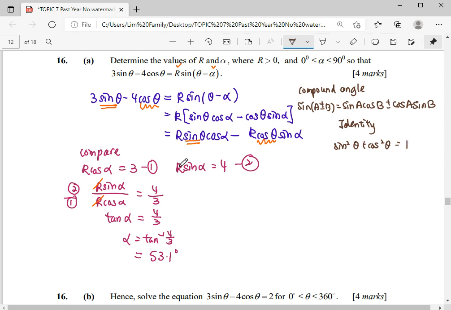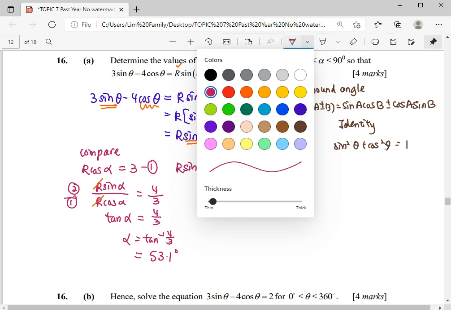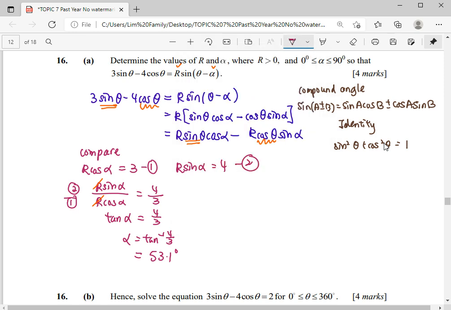So in order to get R, we want to reach this cos squared and sine squared identity, so we are going to square our equations. We will do equation 2 squared plus equation 1 squared. When I have equation 2 squared, this R will automatically be squared, with sine squared alpha, plus equation 1 squared, where R squared is there, R becomes squared and cos is also squared.